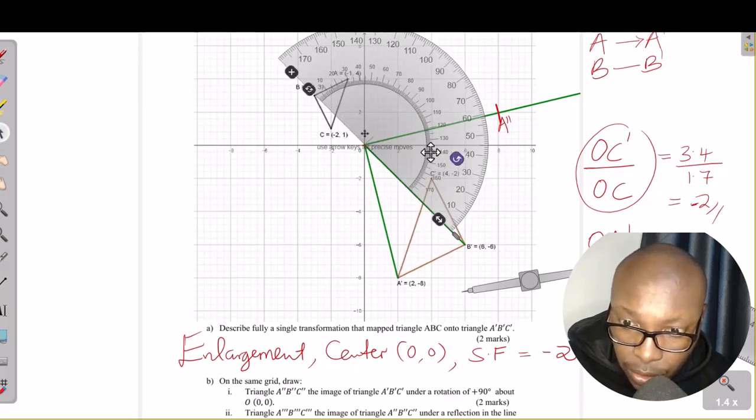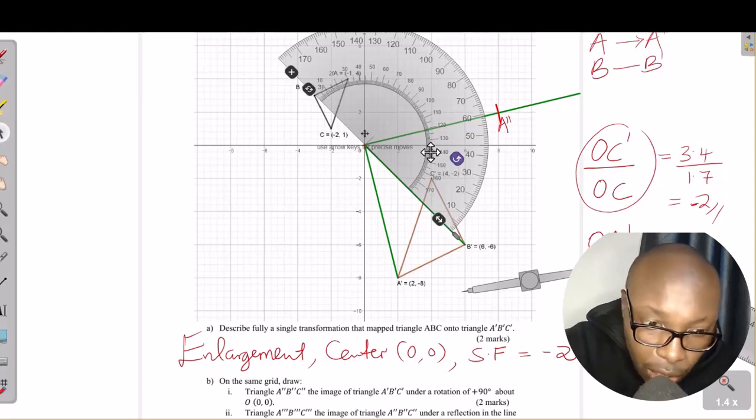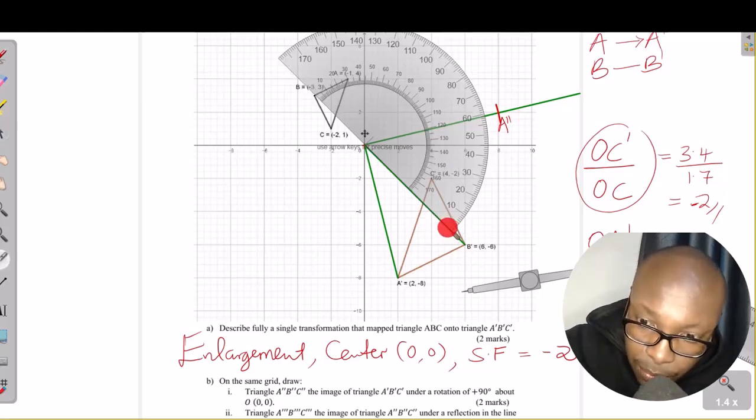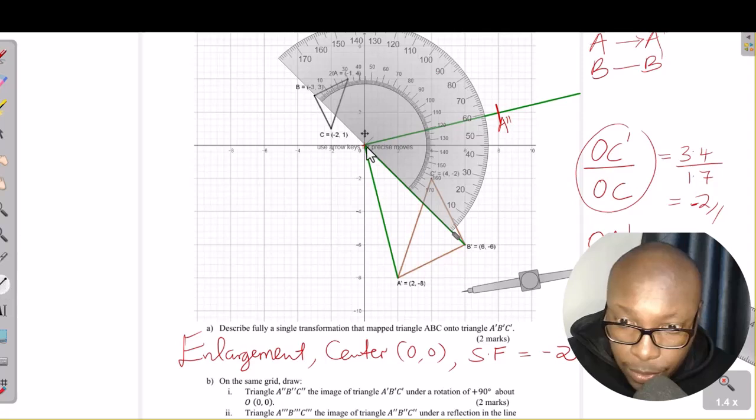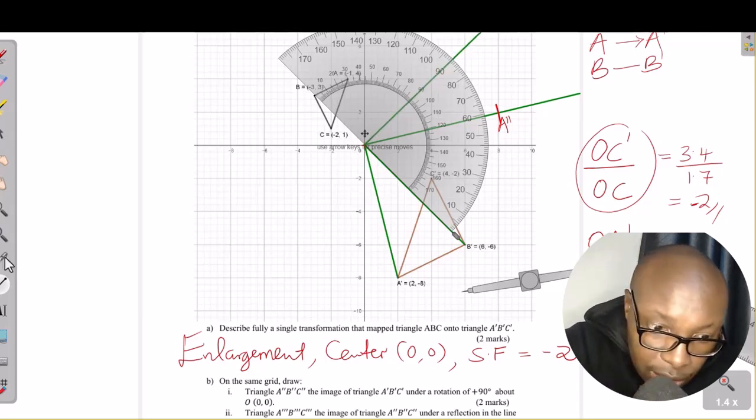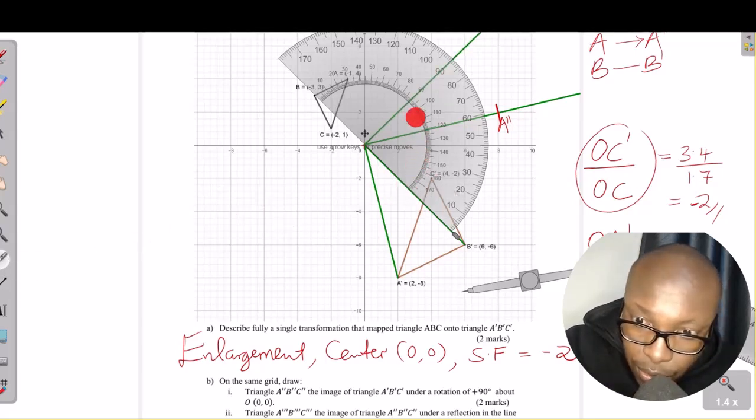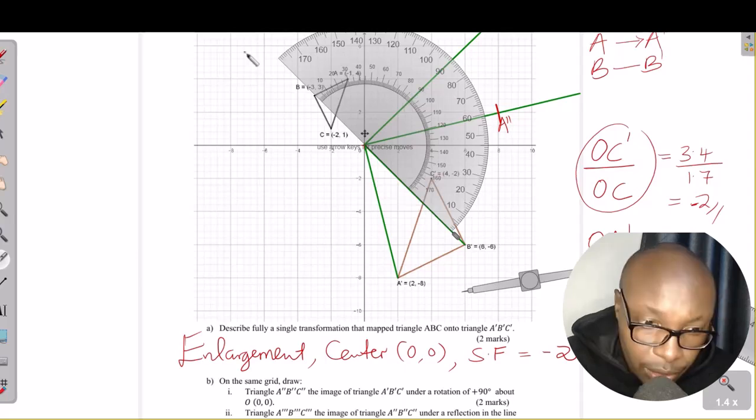I want you to note how I've placed it. You measure 90 degrees and draw it. You can see that is actually 90 degrees, positive 90 degrees.